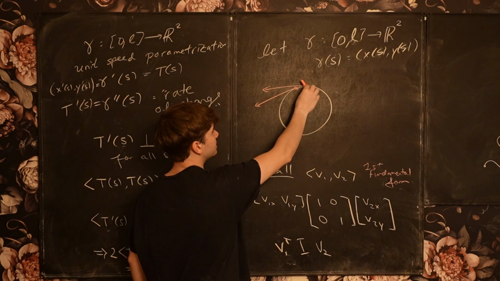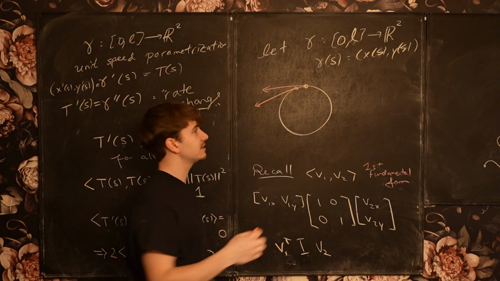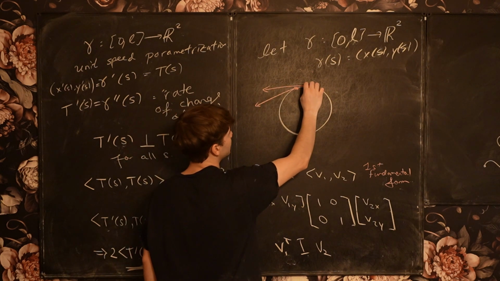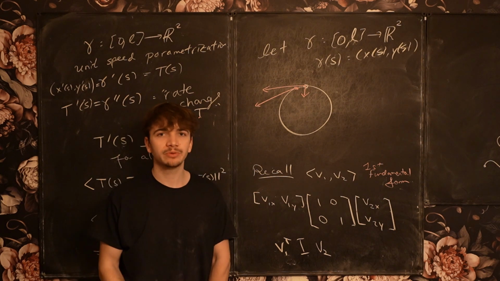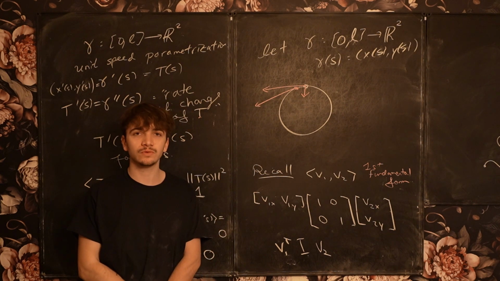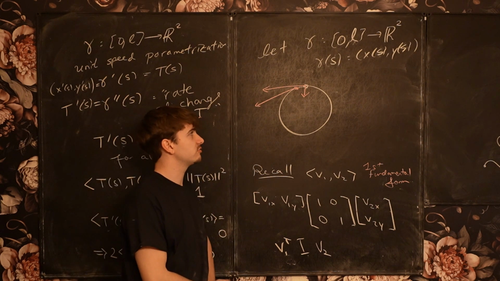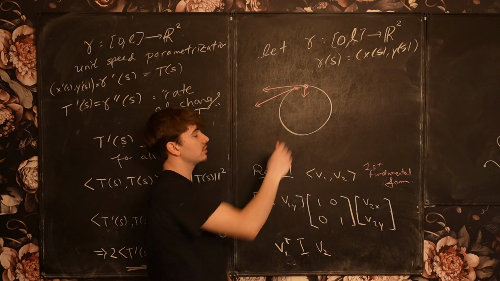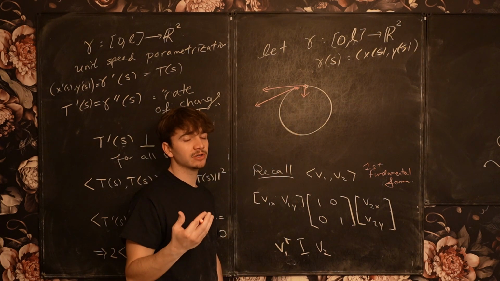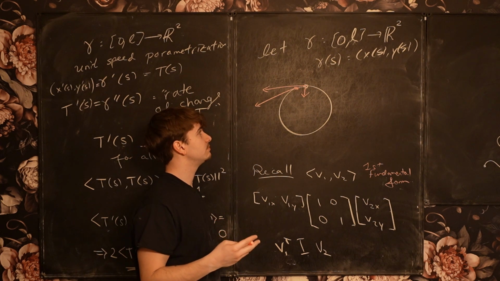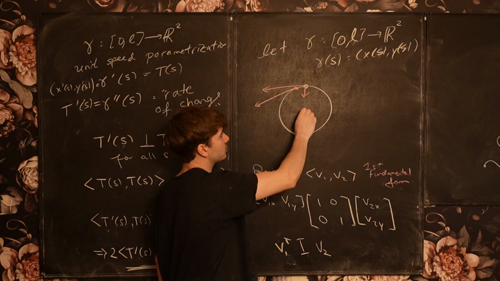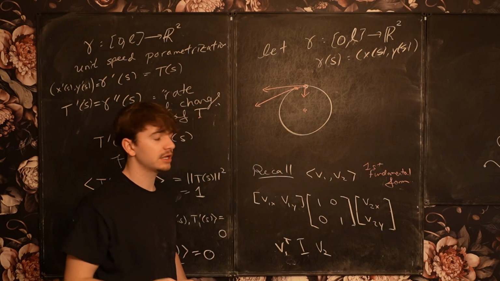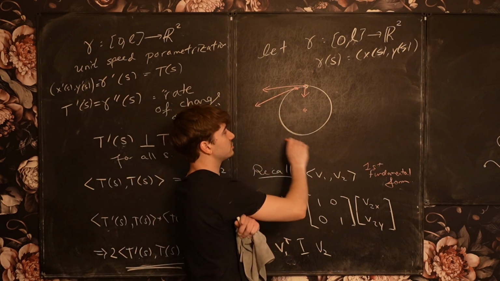Then the change in this tangent vector, as long as it's not changing magnitude, is actually going to be in the direction of the centripetal acceleration. Maybe you've taken physics 1, in which case you would have learned that for uniform circular motion, you have a centripetal acceleration, which is pointed towards the center of the motion. Okay, so towards the center of the radius of circular motion.